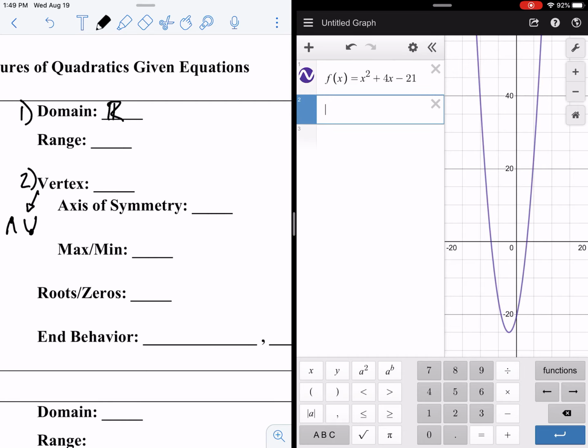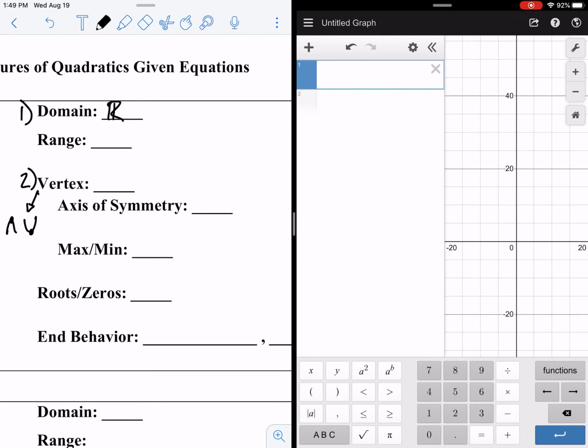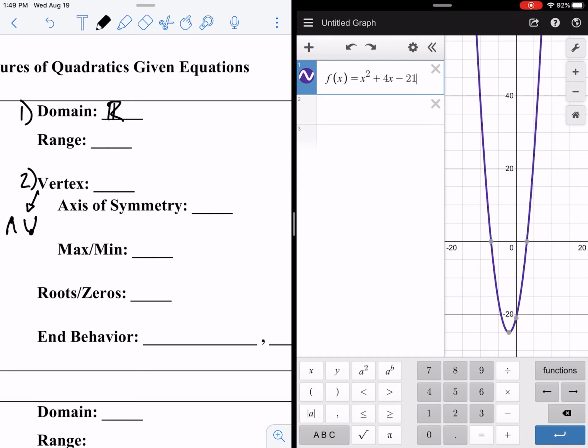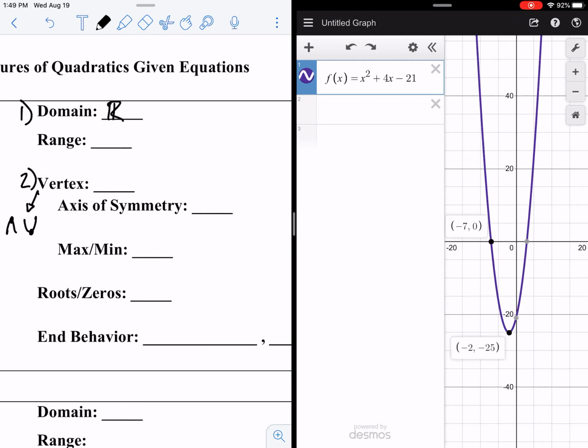Desmos is so cool because if you are pretending like you're going to keep on editing the equation, or if you have your cursor blinking where you're typing the equation, it'll actually list every key feature for you besides end behavior. You just have to know them.